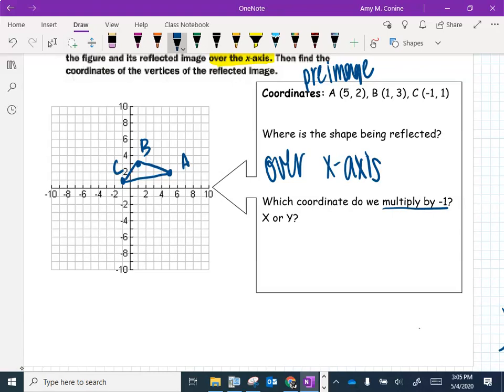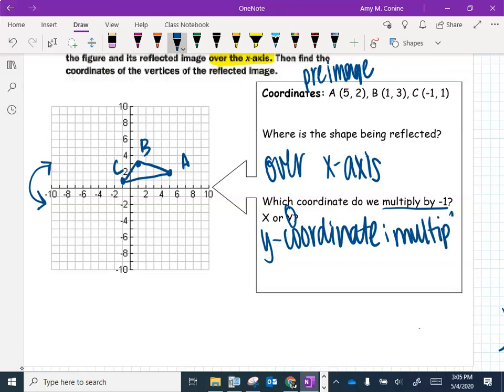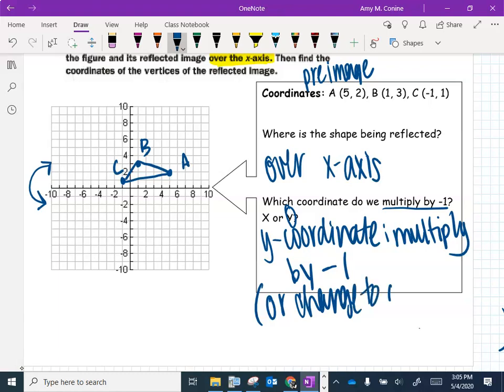When you're reflecting over your x-axis, you're moving the shape or the function over your x-axis. You're flipping it up and down. So if you like this idea of multiplying, we're going to take our y coordinate and multiply it by negative 1. If you don't like that idea, you can always say or change to the opposite sign.